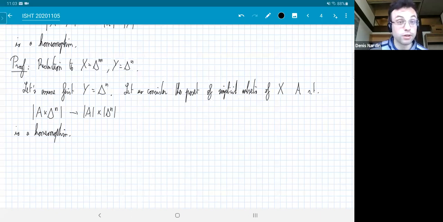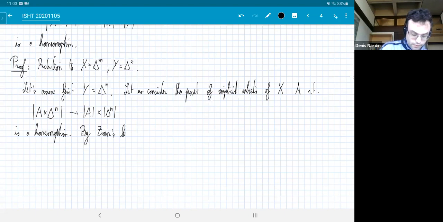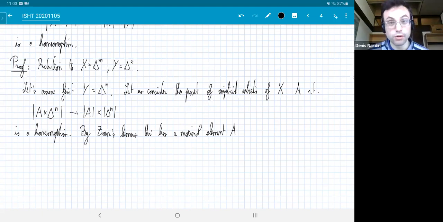This is non-empty because you can just take any non-degenerate simplex, and this lives in here. And by Zorn's lemma, this has a maximal element A. And here you need to use the fact that both sides commute with colimits. Because if you have a chain, you can write it as an increasing union of simplicial subsets, and then you can move the colimit outside. And here is where I'm using the fact that we're working in compactly generated spaces.